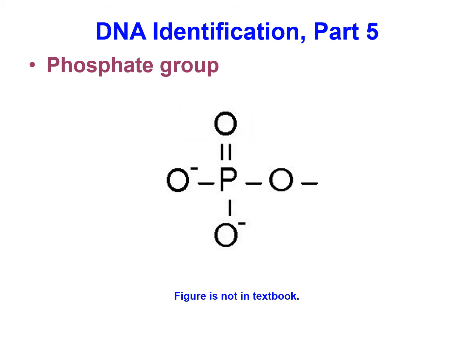The last part of DNA, the last part of the nucleotide, the last part of the monomer is the phosphate group. Phosphates are functional groups. You learned about them in chapter 3. So you should be able to recognize this because of the phosphorus in it. And go back to chapter 3 if you don't remember what a phosphate group is.